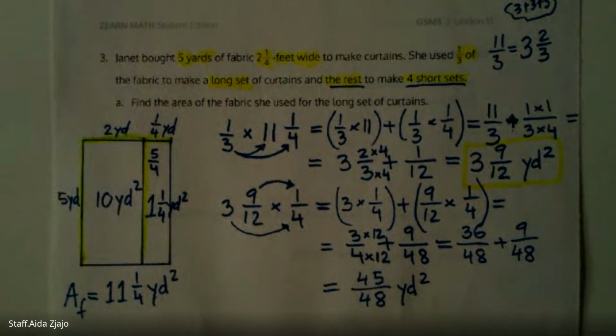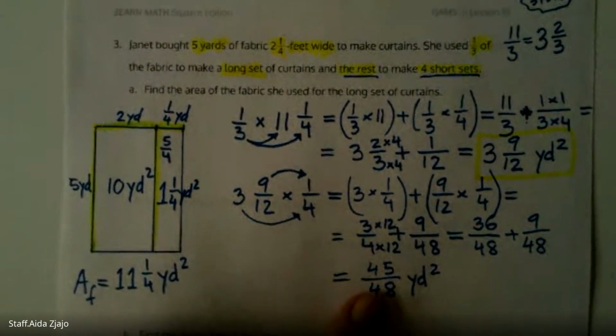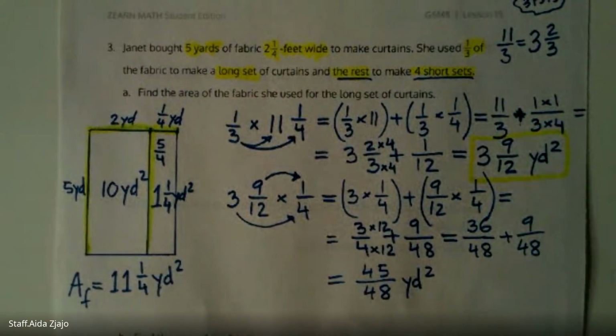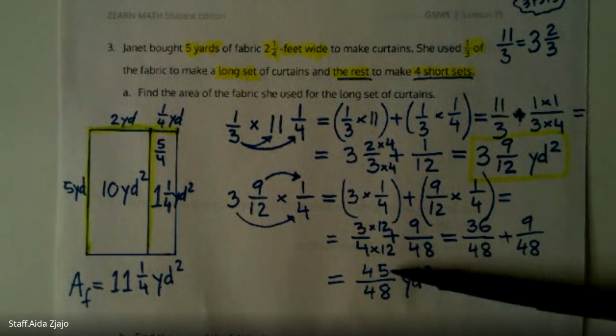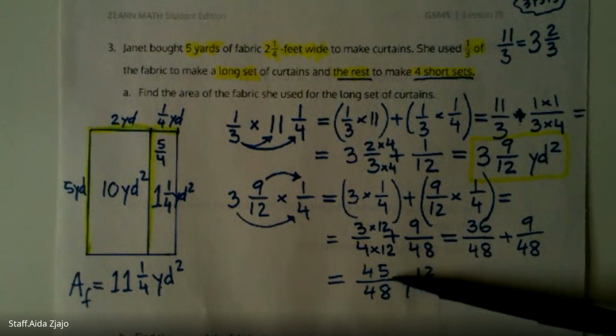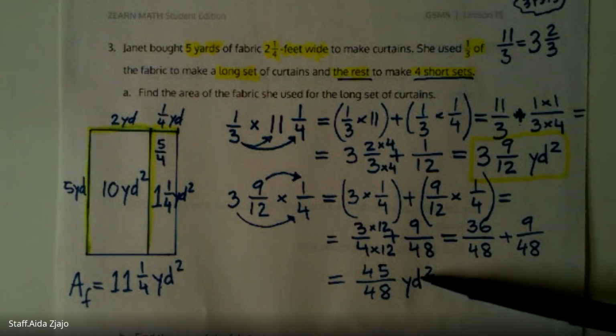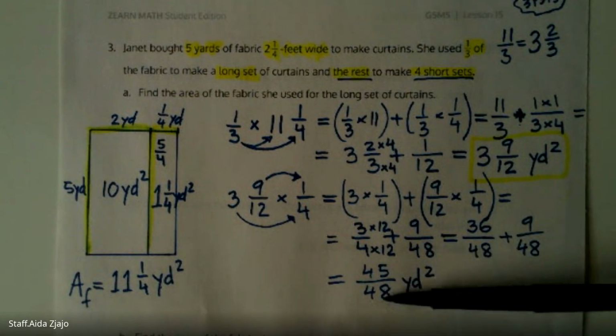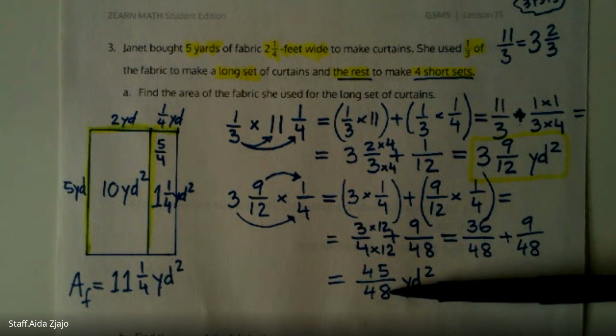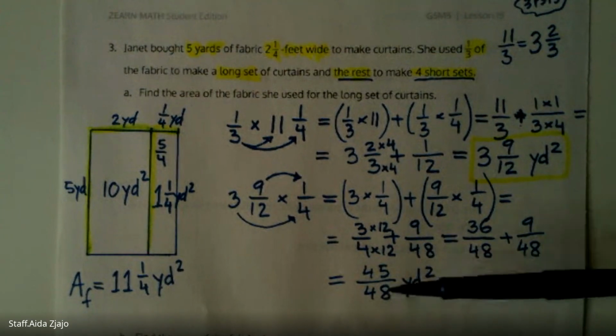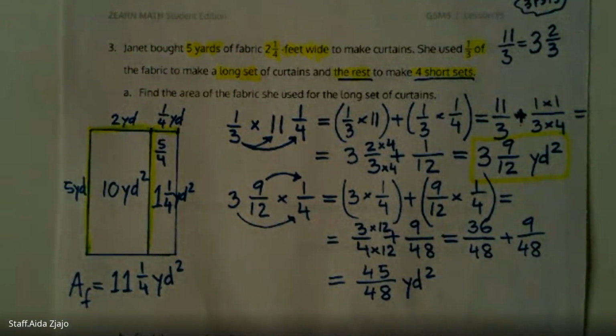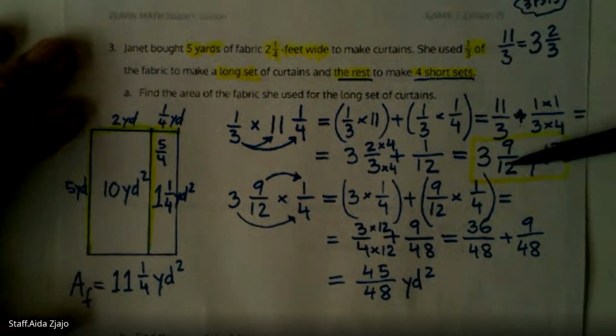So if you look at this, it's about 1 yard. She will use about 1 square yard for each of these because 45/48 is very close to 1 whole square yard. So you can estimate about that. And then this is like 6 is half of 12.